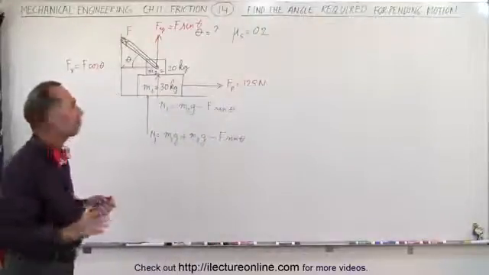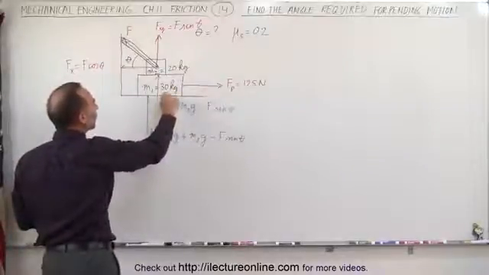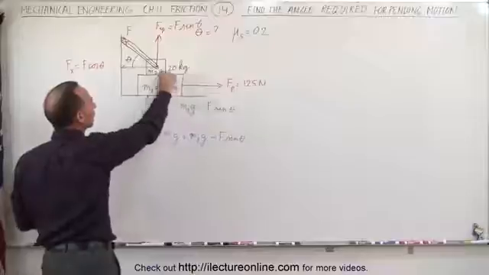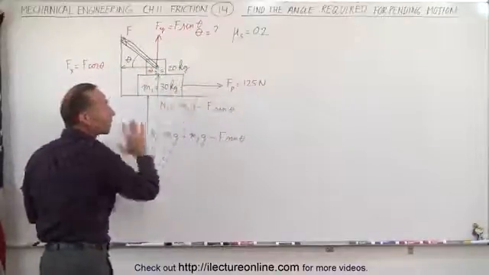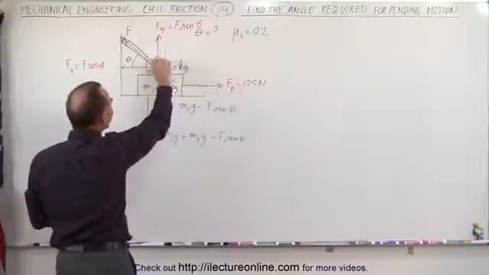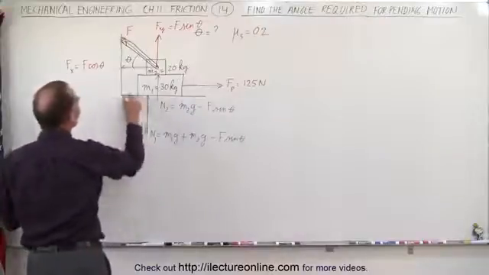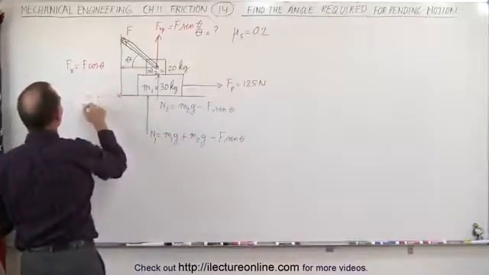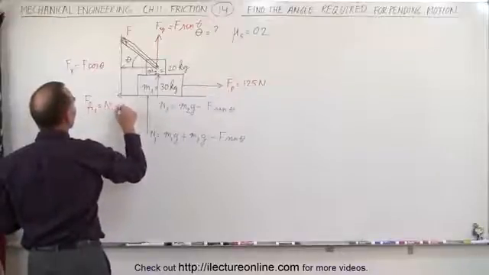So now the friction forces. Notice that there'll be a friction force at the bottom between this block and the surface, and a friction force between the two blocks, both acting on the bottom block because that's the only block that's going to be able to slide. The top block is held in place by this bracket. So we have a first friction force in this direction, call it friction 1, which is N1 times mu sub s.